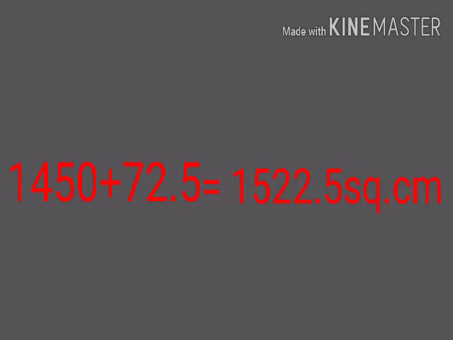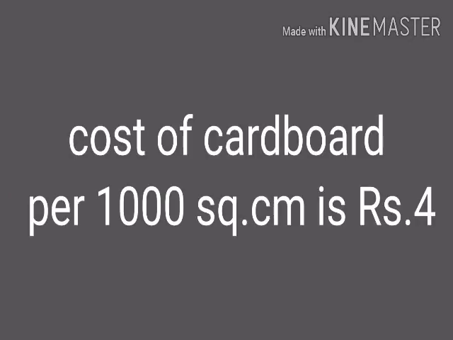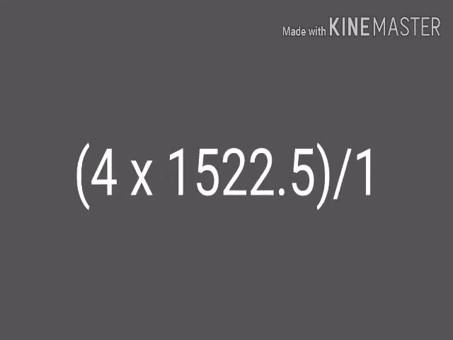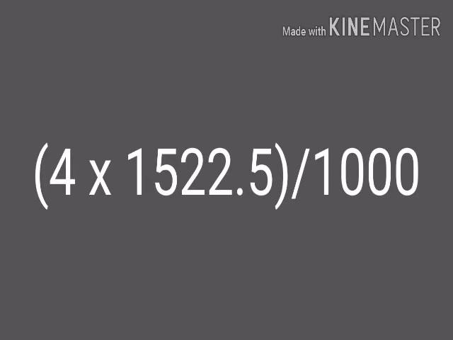1522.5 centimeter square. According to the question, it is given that the cost of cardboard per 1000 centimeter square is rupees 4. So here the cost of the cardboard for making one big box equal 4 into 1522.5 by 1000.